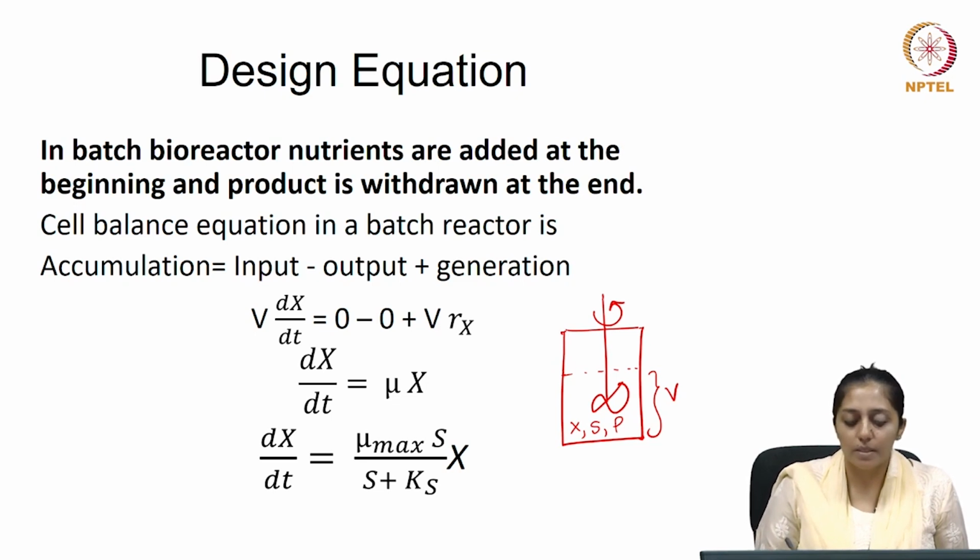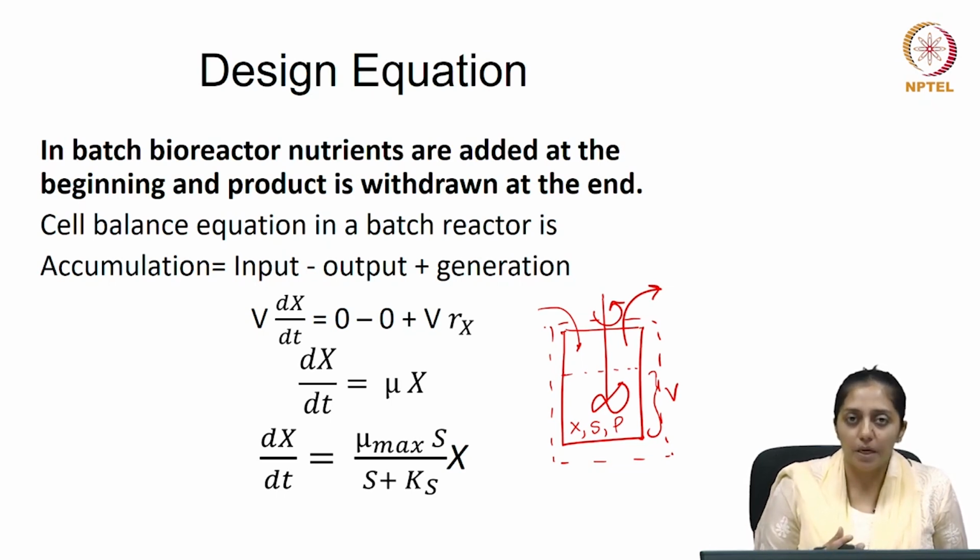Now, if we do a cell balance across this reactor, the rate of accumulation inside the reactor will be equal to input, output, any generation if it is happening, or consumption.